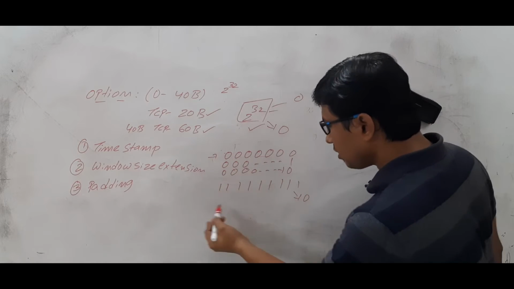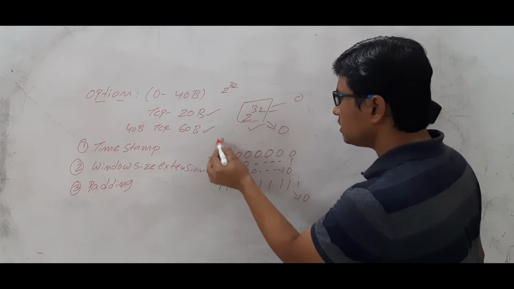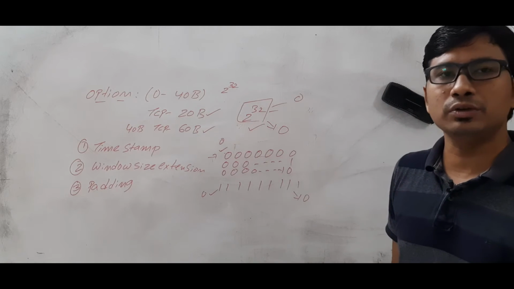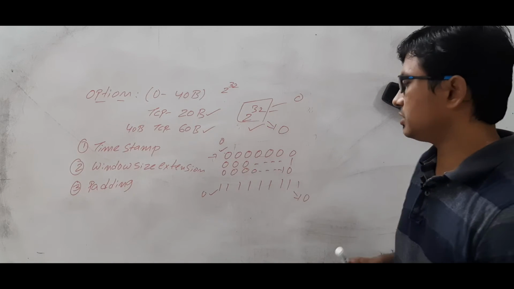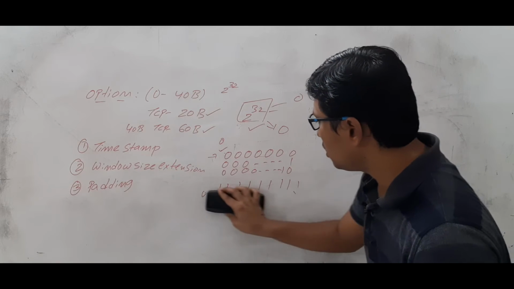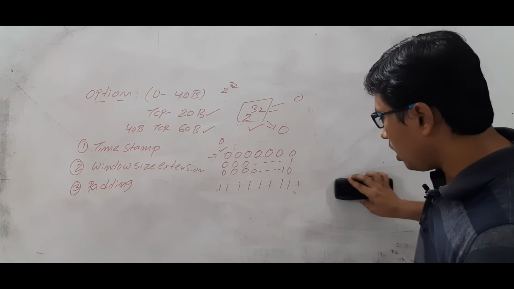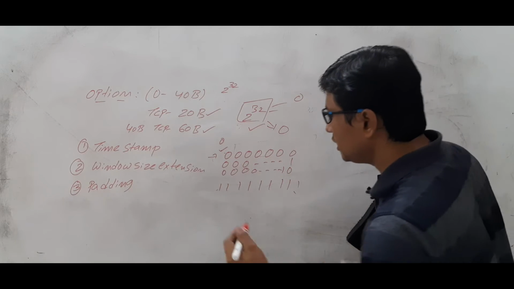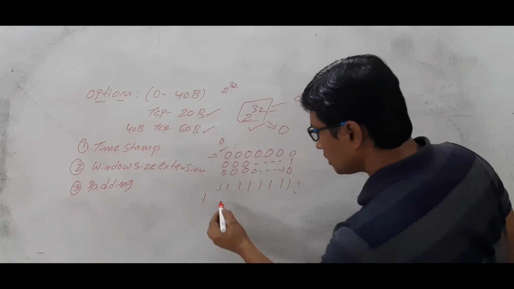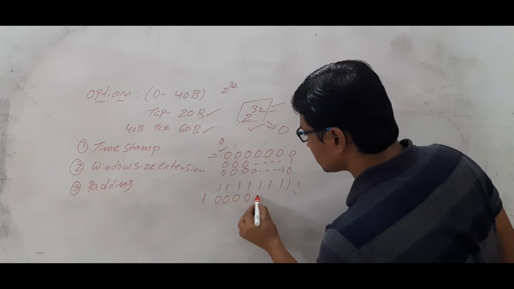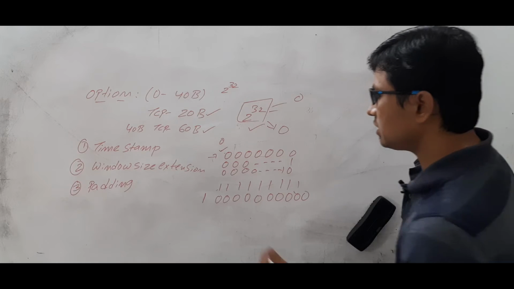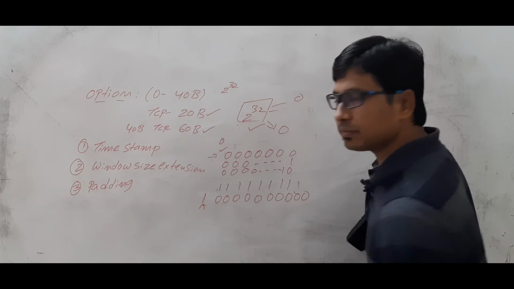If I keep all zeros again, it will also be sequence number 0 and this will also be sequence number 0. How can you differentiate? There is a confusion. So once you generate all ones, the next time you generate the next sequence number, it will be 1 followed by 32 zeros. Now, this one we will call a timestamp.